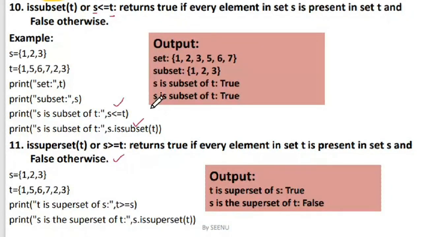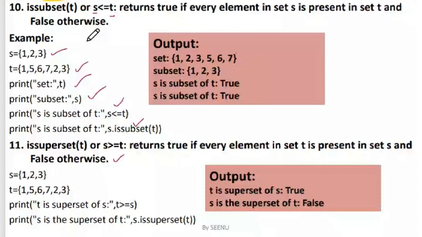So I have a set which is 1, 2, 3, and I have another set which is 1, 5, 6, 7, 2, 3. Then I have printed both the sets on the screen for you. Then I want to find out whether S is a subset of T. So I have used the comparison operation between the two sets, wherein I said S less than or equal to T. What does less than or equal to say?